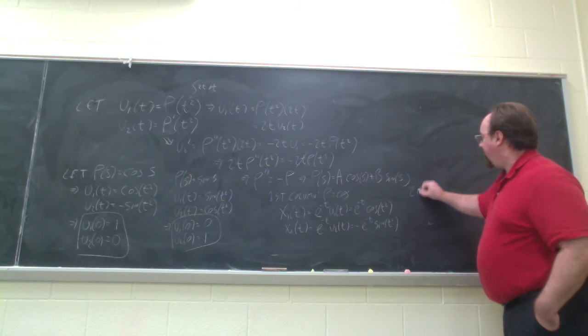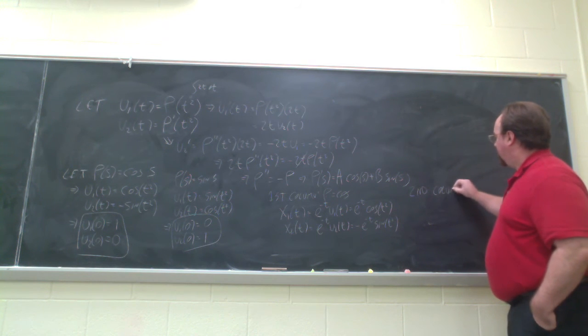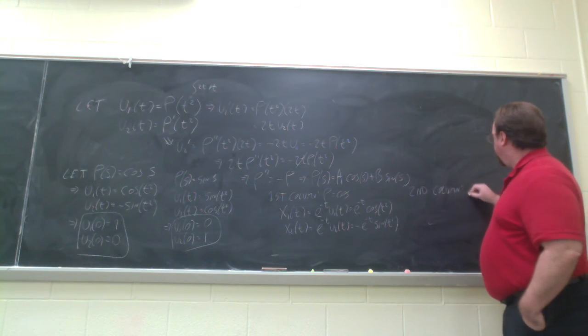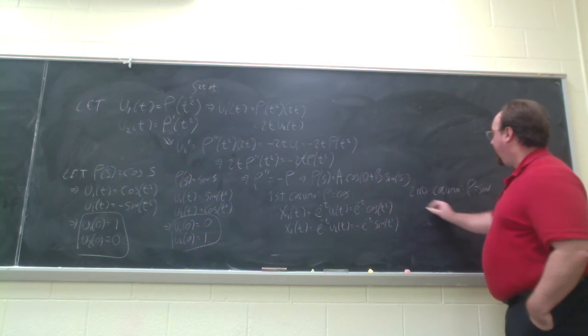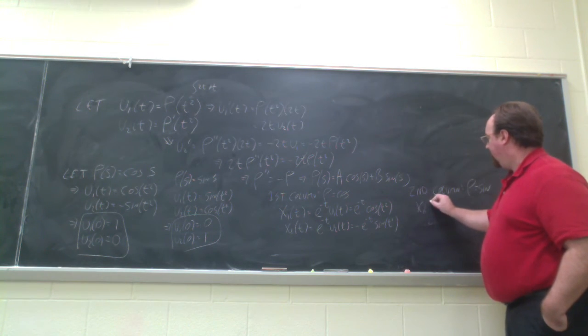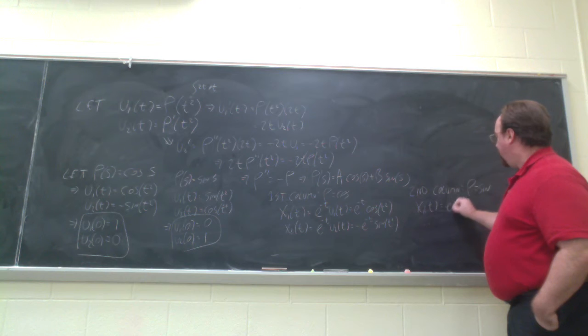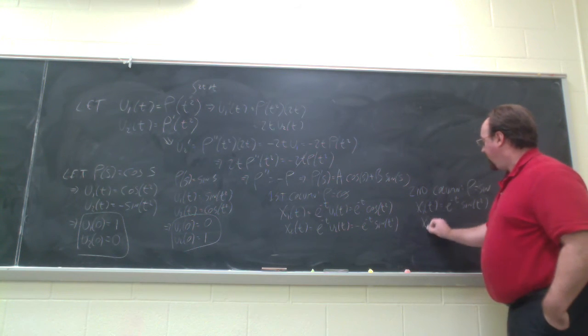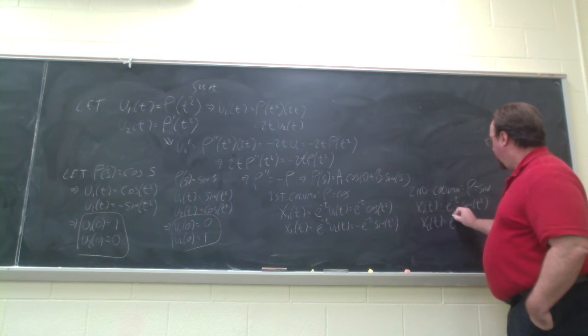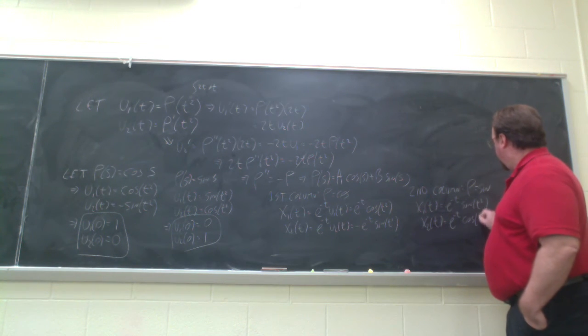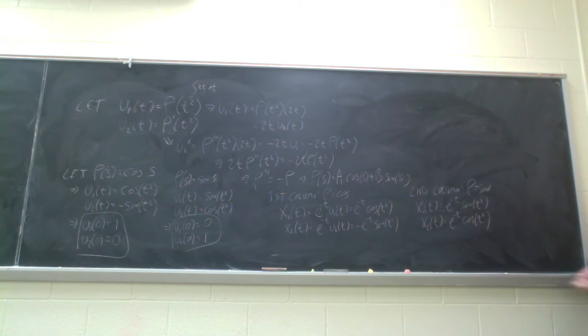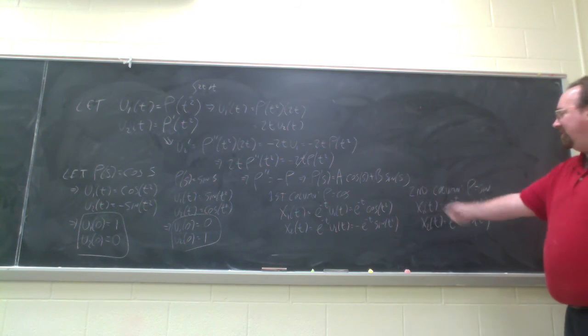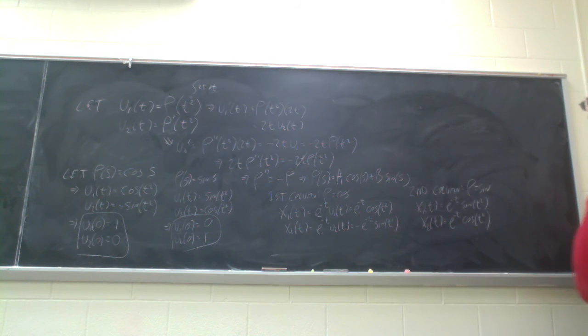And then for the second column, since P is equal to sine, I get x1 is e to the minus t sine of t squared, and x2 is e to the minus t cosine of t squared. The same initial conditions are satisfied. Really what I should have done is check the initial conditions at this level, the x's, not the u's, but it turns out to be harmless in this case.